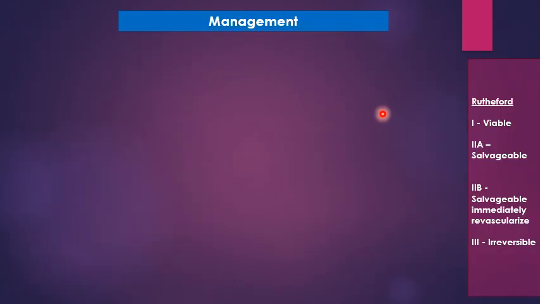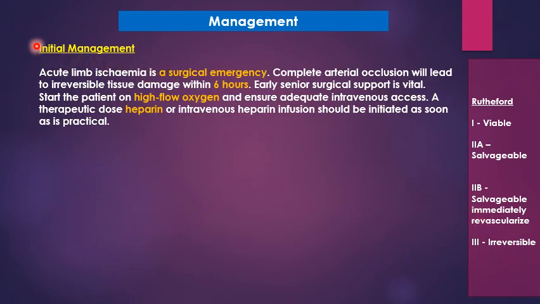Now, what is the management of these patients with acute limb ischemia? It can be classified again, depending on 1, 2A, 2B or 3, in which category the patient comes in. So the initial management, regardless of which category the patient comes in, is that it is a surgical emergency. Complete arterial occlusion will lead to irreversible tissue damage, muscle death within 6 hours.